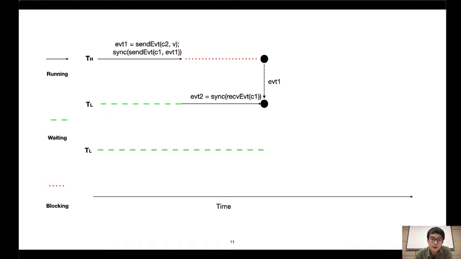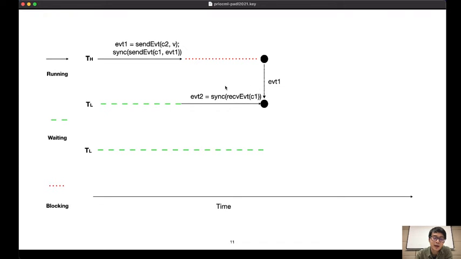Since this receive event from C1 pairs with the send event, we can pair them together. As a result, EBT1 will be sent from the high priority thread to this low priority thread, and we store that EBT1 as EBT2 in this low priority thread.